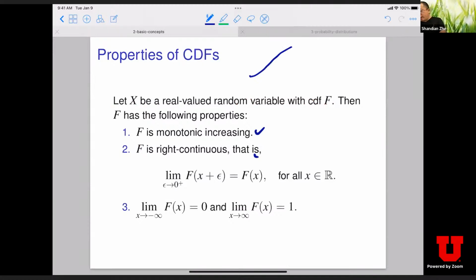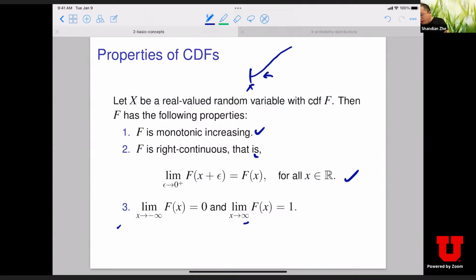Meaning that if you calculate the limit of this function from the right of x, it converges to F of x itself. It doesn't necessarily have to be left continuous. Again, the proof is not very easy if you really consider the underlying probability structure. We can also show that when x takes the limit at negative infinity, the cumulative distribution function is 0.